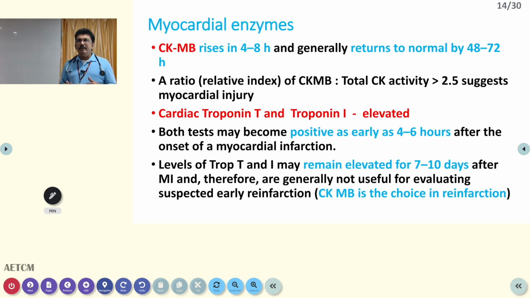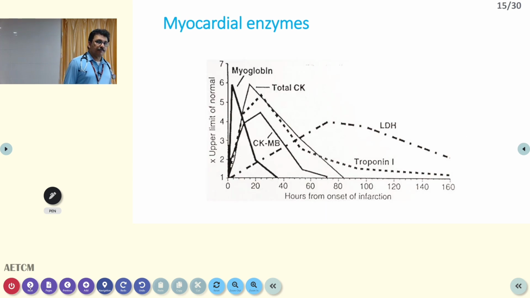So in a reinfarction, CKMB will be better than troponin I, because troponin I will be persistently elevated for a longer period. Now you can see here CKMB elevates quicker and comes back very fast.